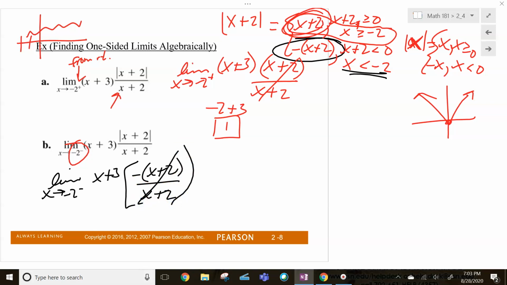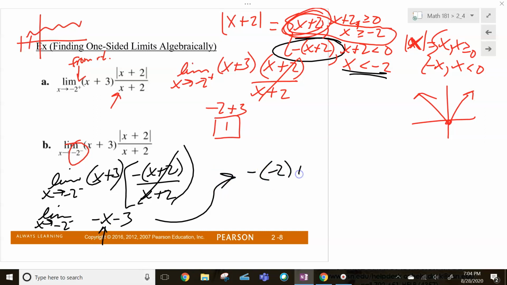Now those are gone, but I got that negative, which means I got to distribute it to the x plus 3 there. So now I got -x minus 3 as I plug -2 in. So -2 now goes in right there. So 2 minus 3, I got -1.